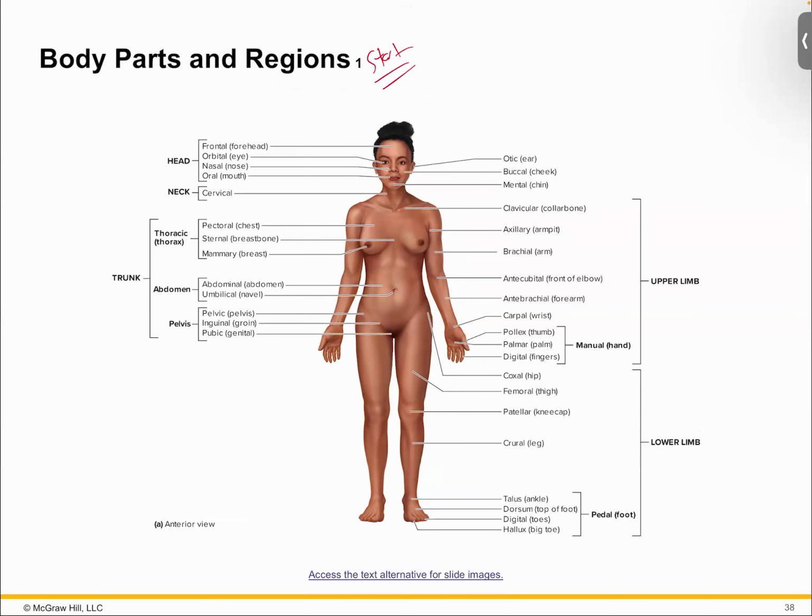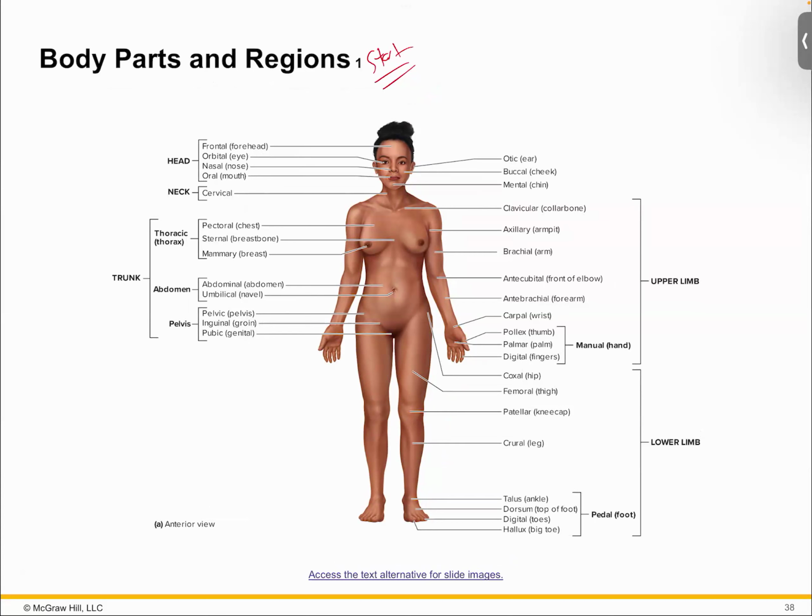And so that's the reason why we do regions. So for instance, the head region typically is cephalic in general, neck is cervical, you have oral, nasal, orbital, right? So that is mouth, nose, and eyes.